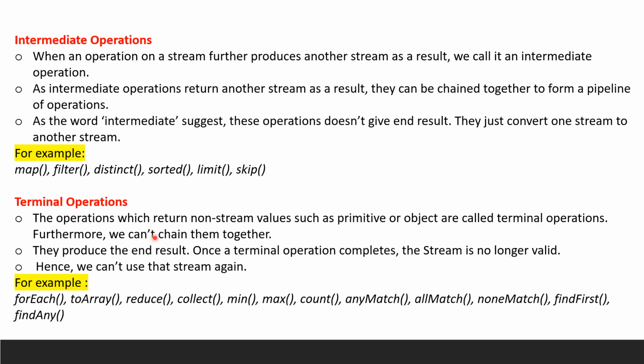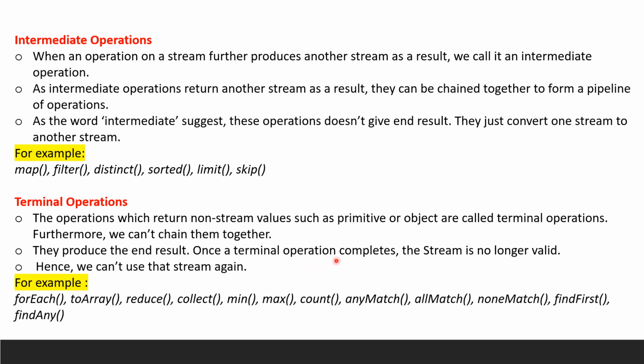Furthermore, we can't chain them together. Since the result can be an object or a primitive type, we cannot combine them and move forward. They produce the end result, so we cannot chain them together.